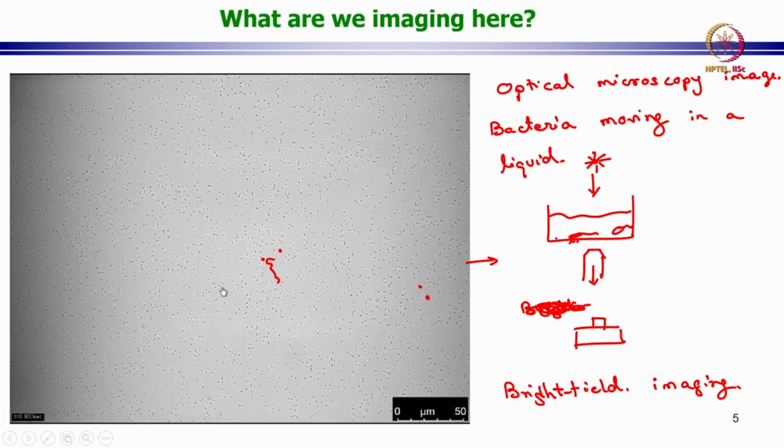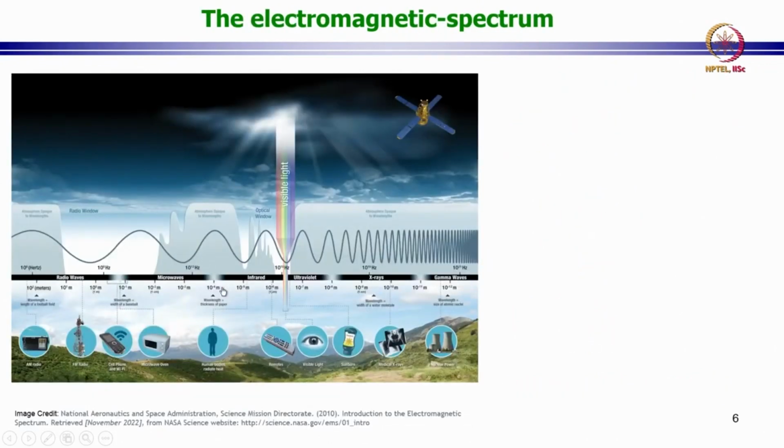All this is because of the nature of the light-matter interaction, where some light falls on the sample and some light goes away into the optical system.